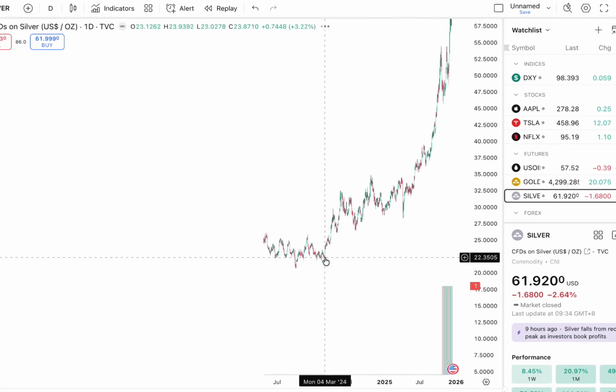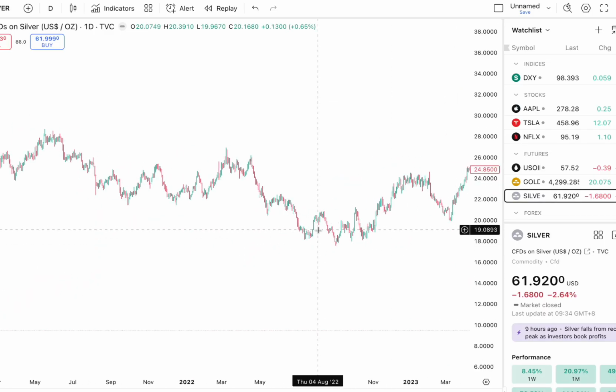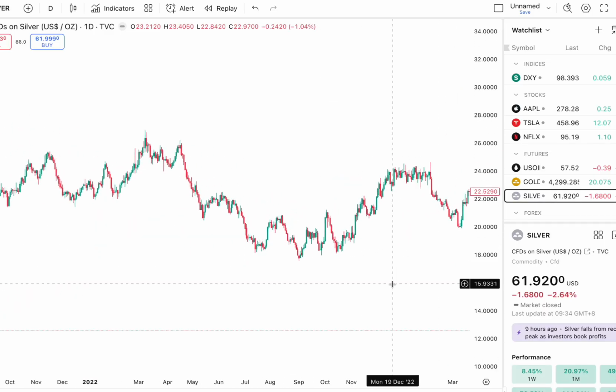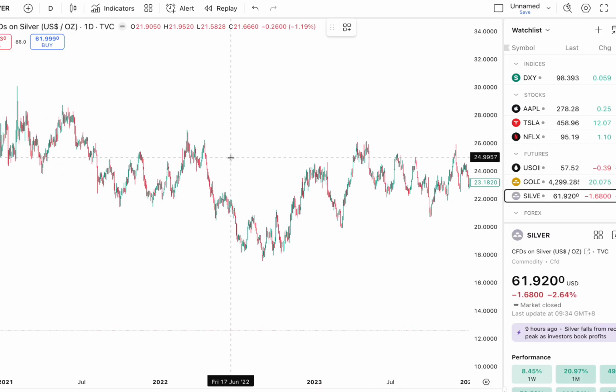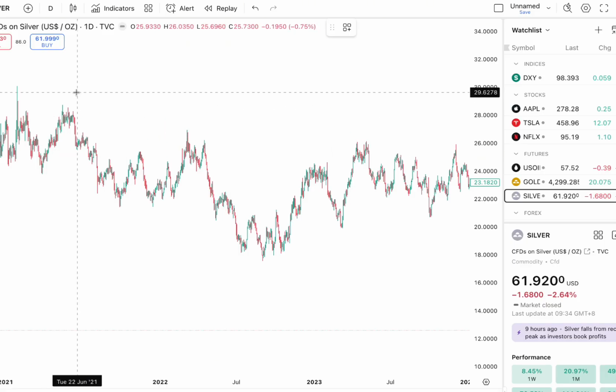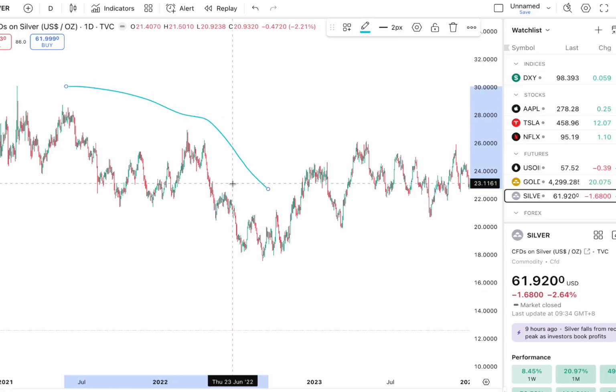Here's silver. Okay, so back in 2022, people were always saying silver's going to go up, but rather than speculating, why don't you let price action lead the way? So price was downtrending. Bearing in mind, silver was quite volatile.